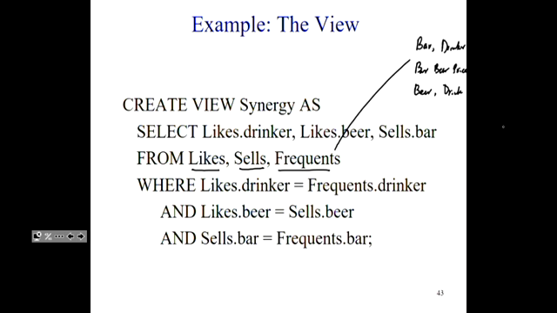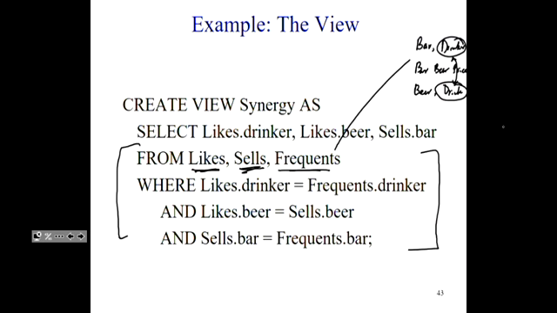Now, essentially what I'm doing in this part of the query is a natural join of these three relations. So I'm saying, let's do a natural join between likes, sells, and frequents. Frequents.drinker is equal to likes.drinker, these two are related.